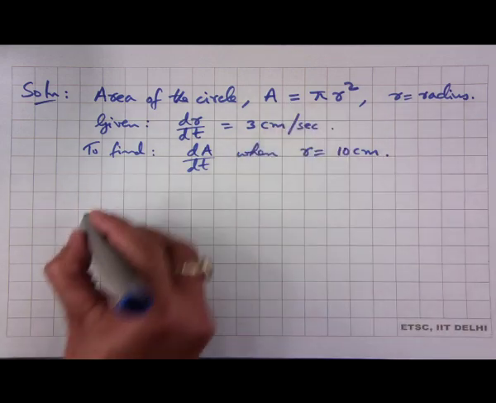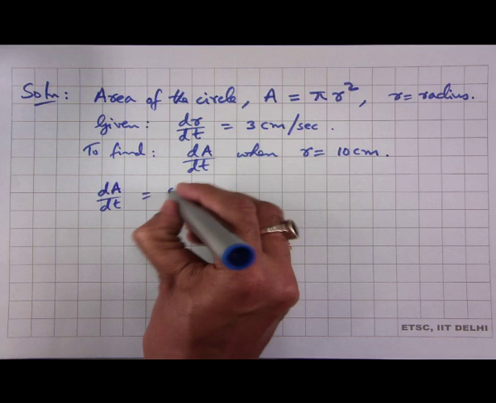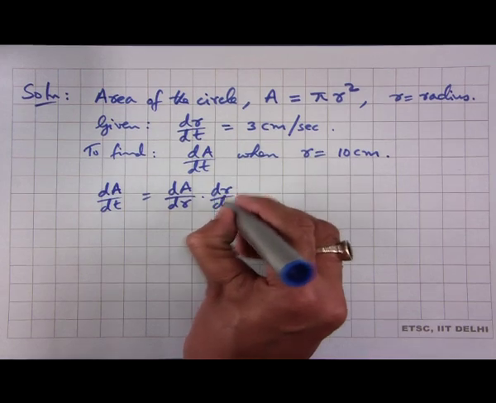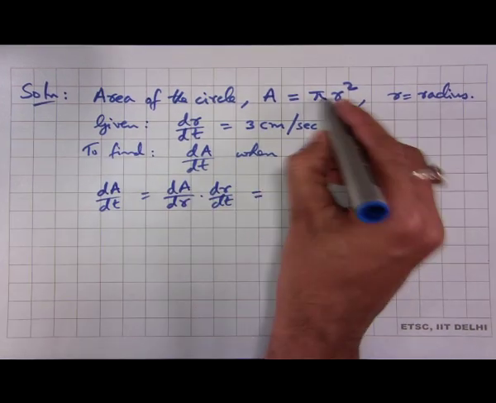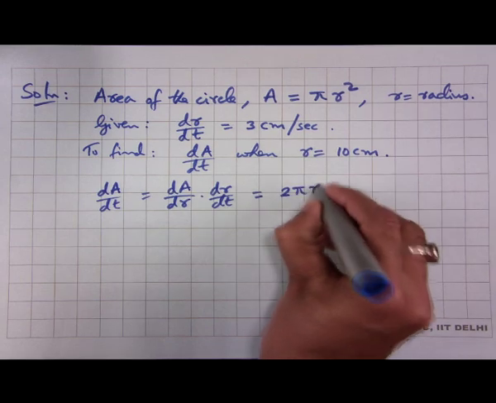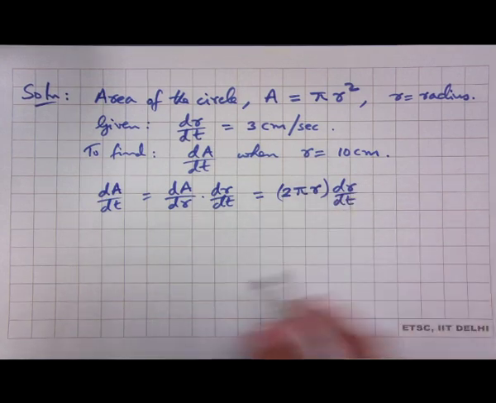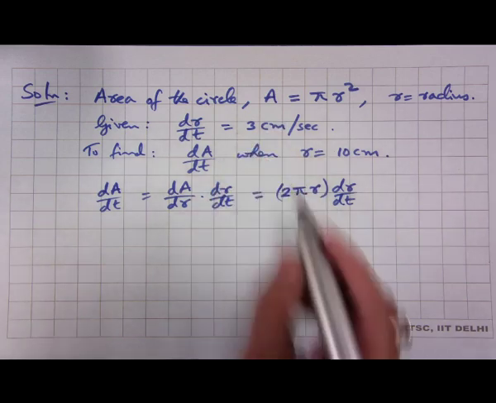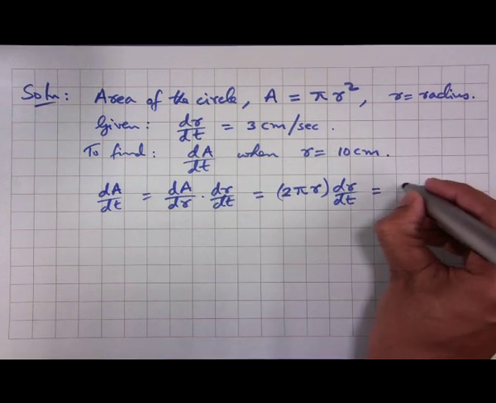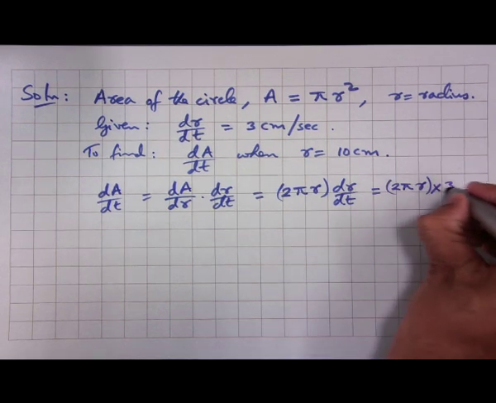So, we know that dA/dt is equal to the derivative dA/dr times dr/dt. A is given to be pi r squared. So, dA/dr is 2 pi r times dr/dt, and dr/dt is given to be 3 centimeter per second. So, this is 2 pi r into 3 centimeter per second.